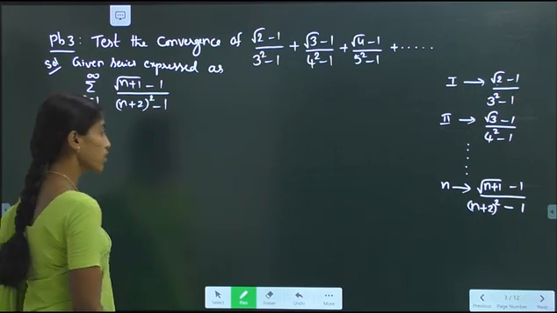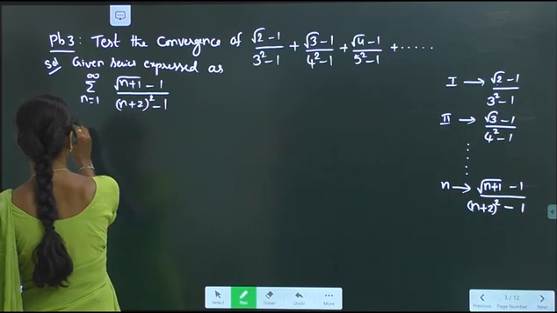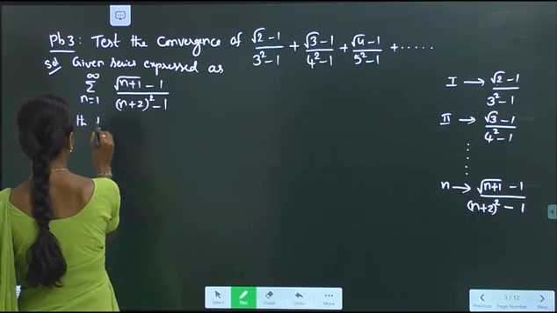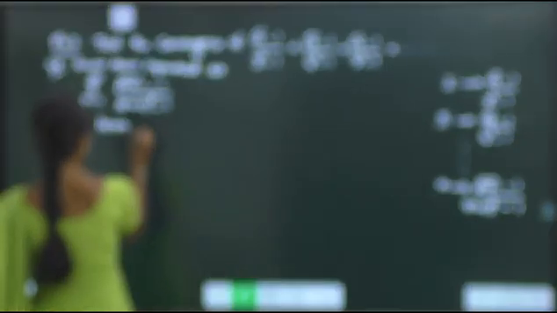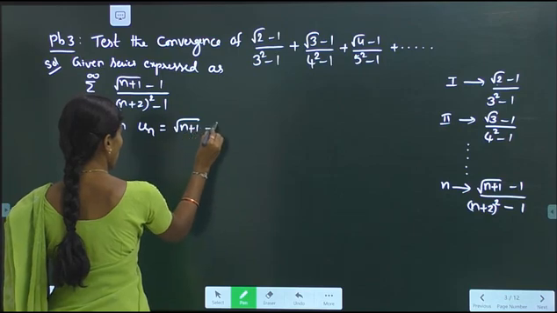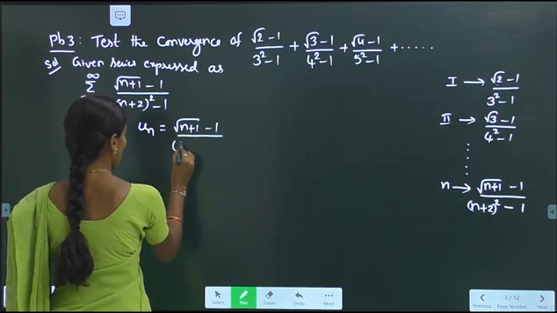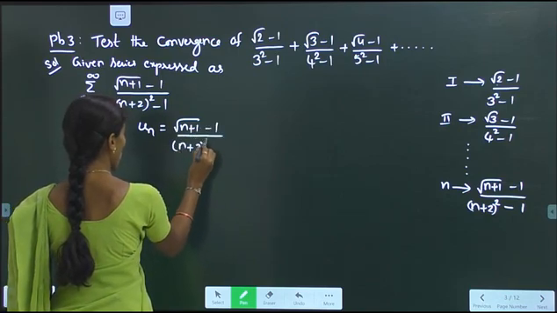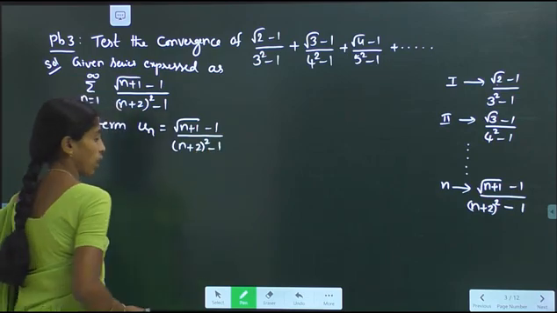Write the nth term Un. Nth term Un is root n plus 1 minus 1 by n plus 2 whole square minus 1, right?